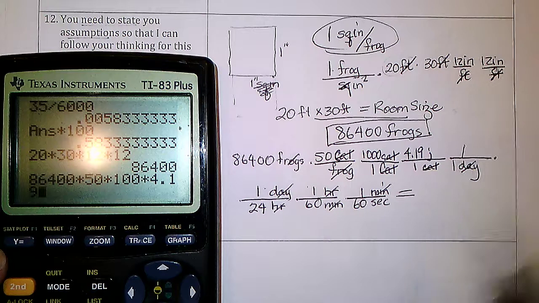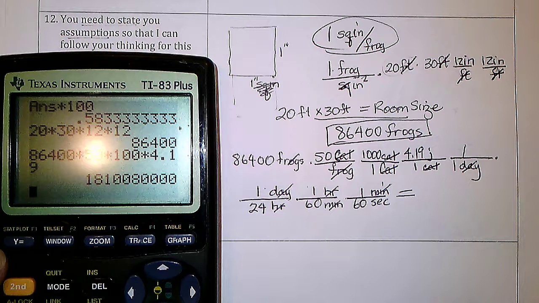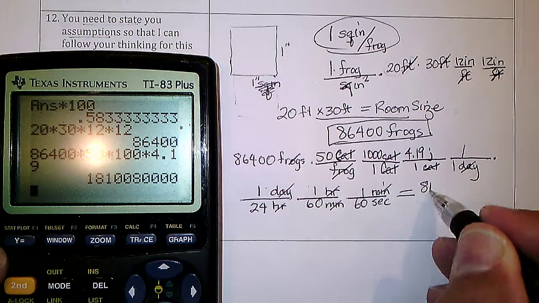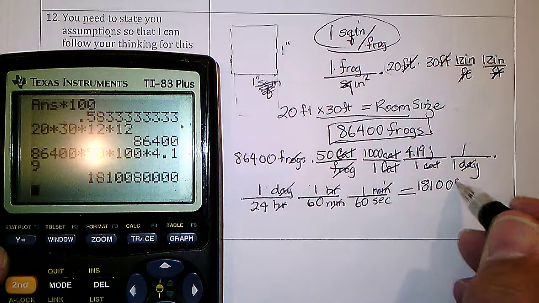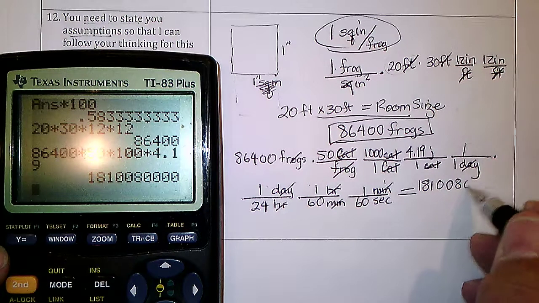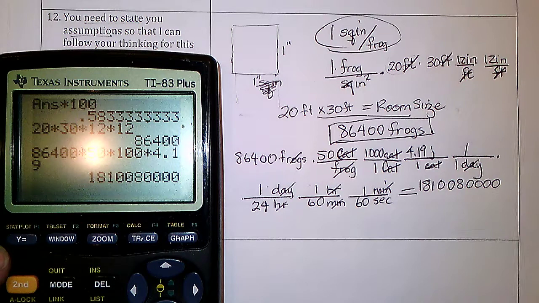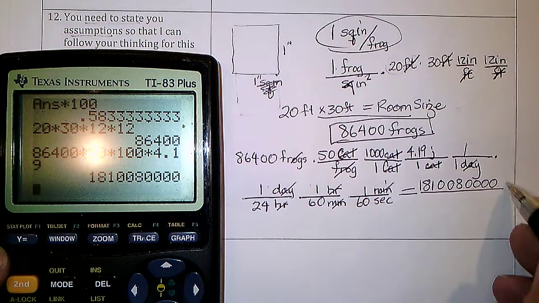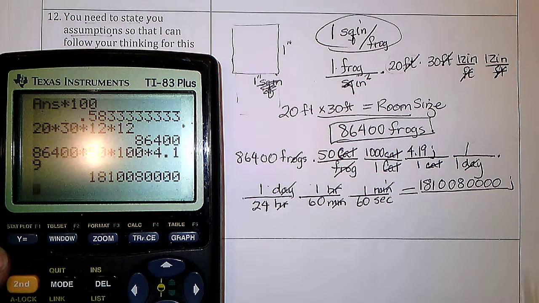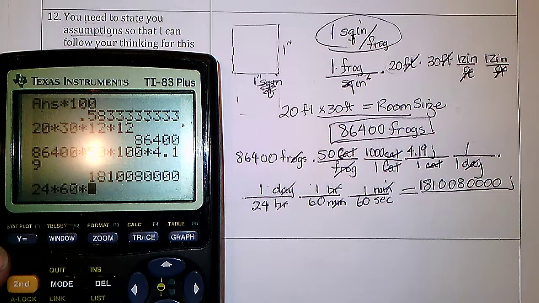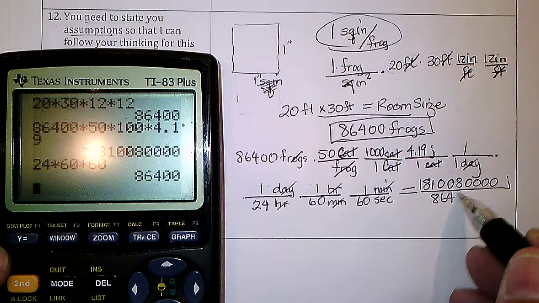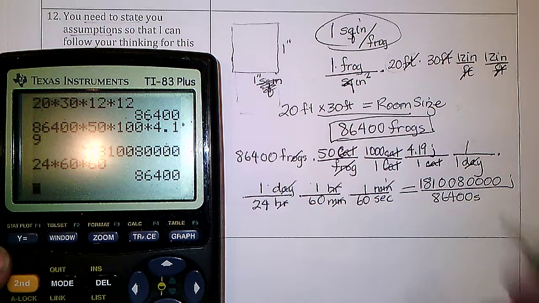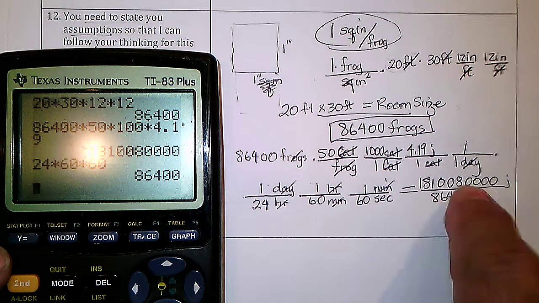So we've got the numerator of 18,1008,0000 joules. And then in the denominator I have 24 times 60 times 60, which is 86400 seconds. And so the watt, that's joules per second, watts.